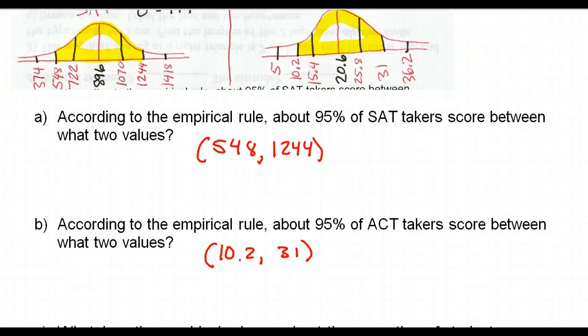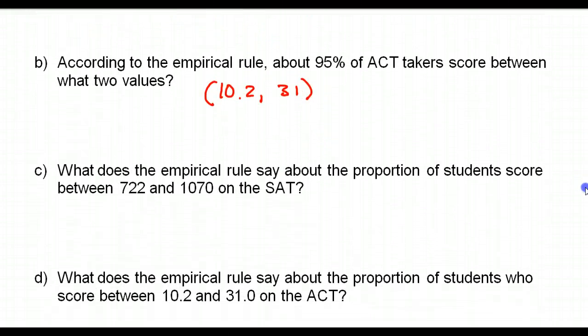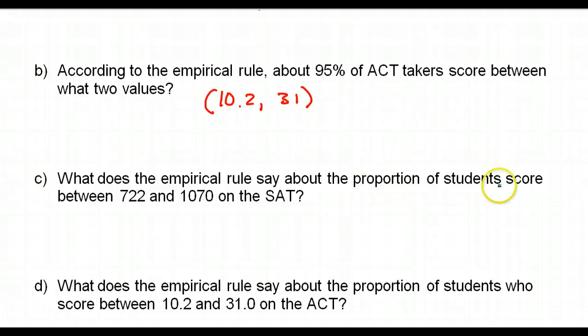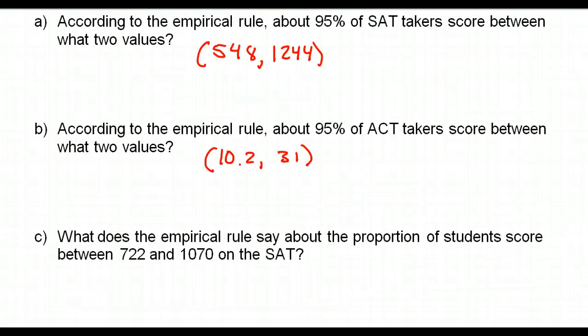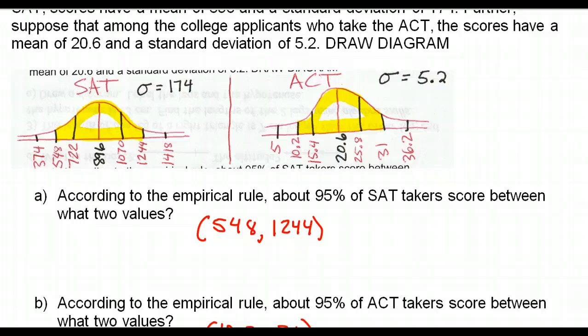All right. What does the empirical rule say about the proportion of students who score between 722 and 1070 on the SAT? 722 to 1070 on the SAT. Okay, well, here is 722 over here, and here's 1070 over here.